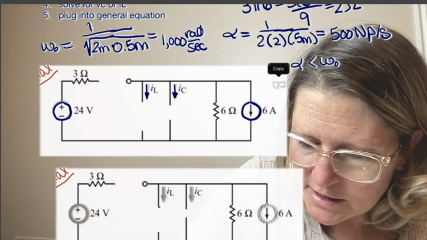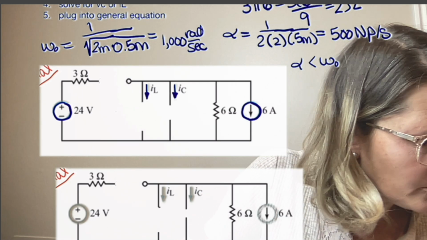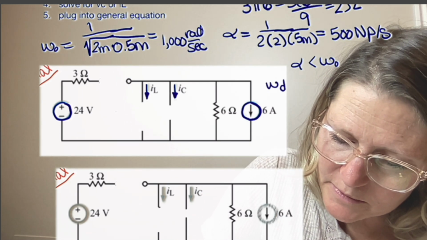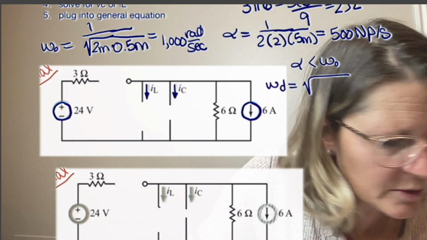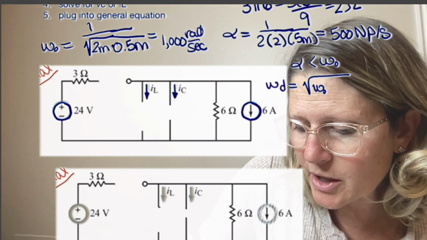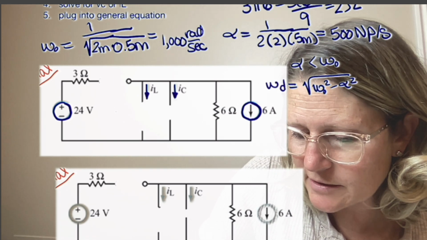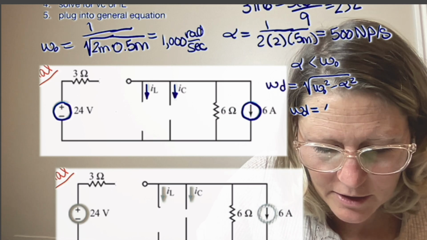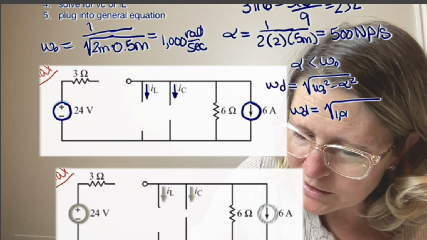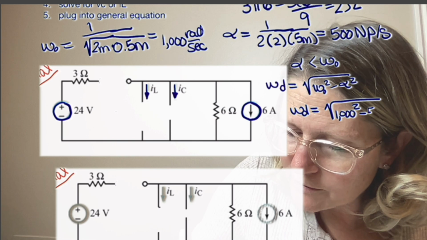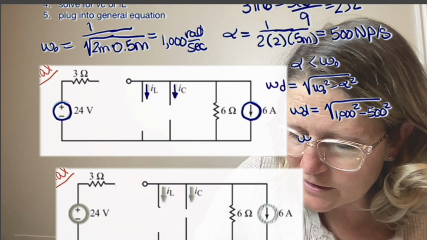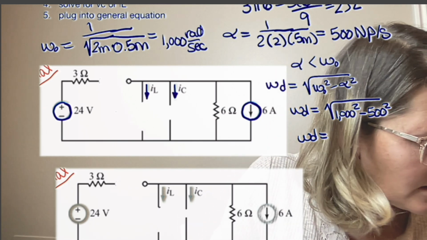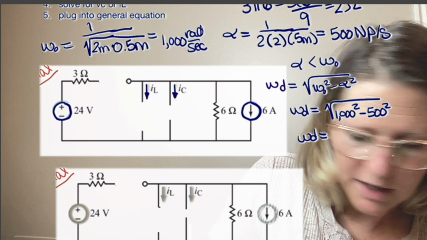So we need omega D, which we can find using the square root of omega naught squared minus alpha squared. In this case, our omega naught was 1,000 and our alpha is 500, so this gives us a damping frequency of 866 radians per second.